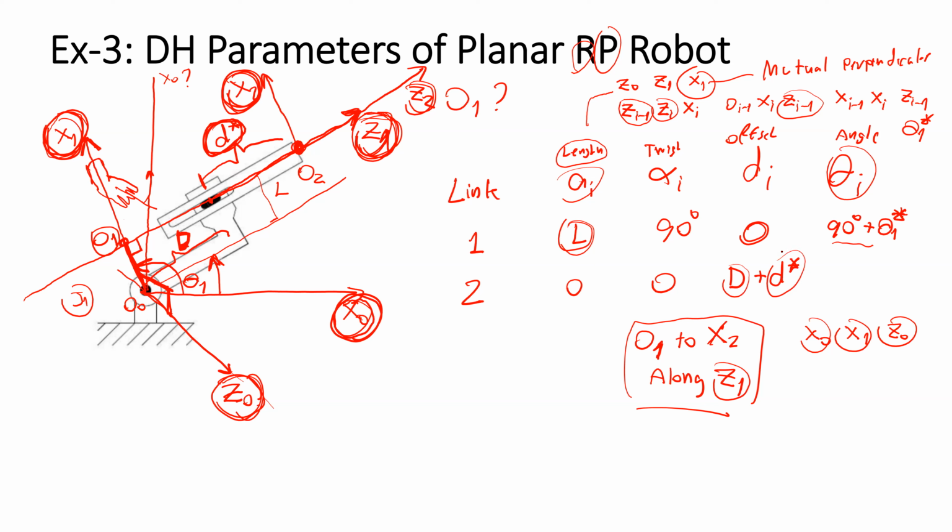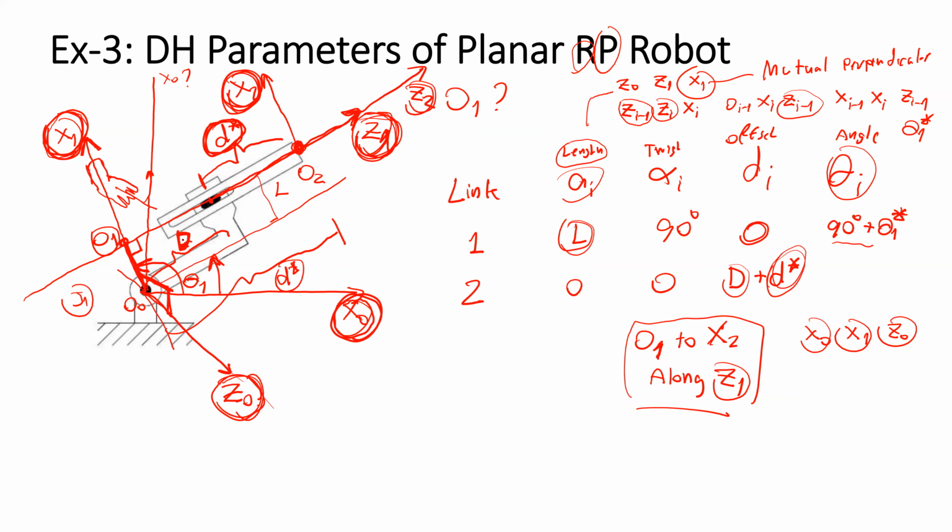It depends on the robot, if you can directly measure this distance, you may not need to consider D, because just D star will be the offset.